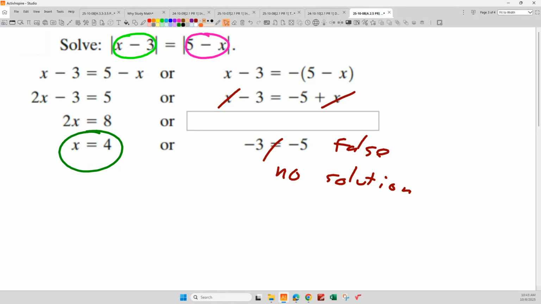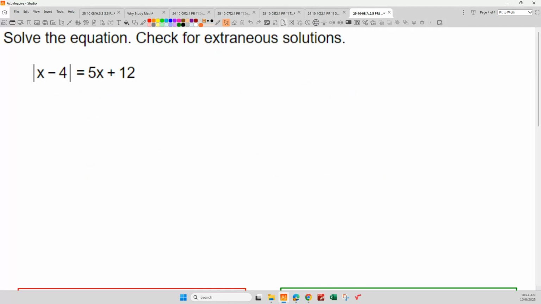Okay, so now let's look at the other possibility. What's different about this kind of a problem? What do you see that's different here compared to the last couple examples we looked at? Yeah, okay. The right side is not protected by absolute value bars, right? Okay, do you see potentially a problem there?